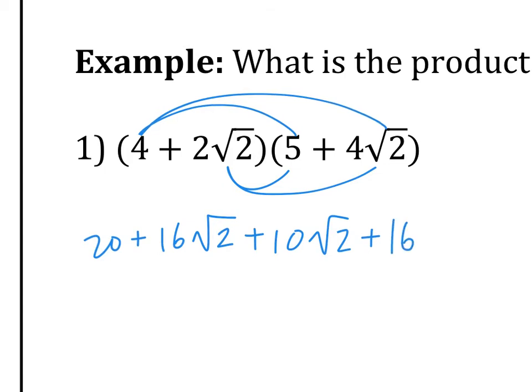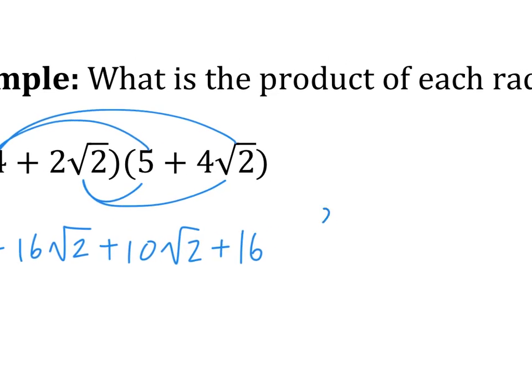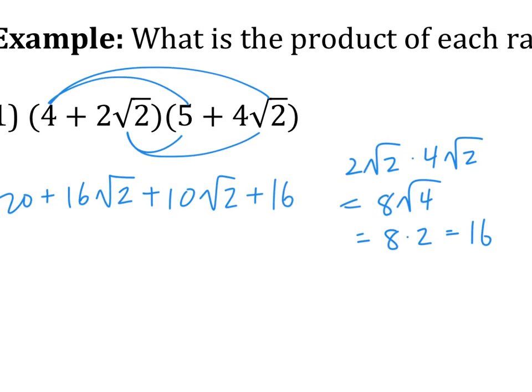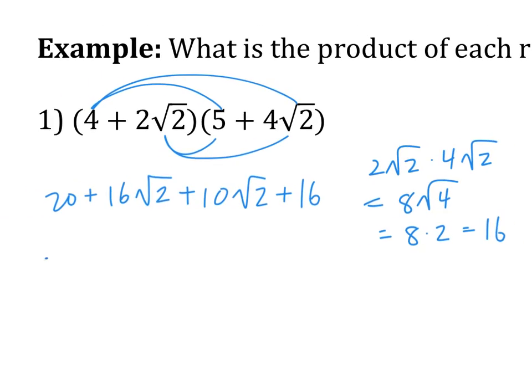If you don't know how to do that in your head really quickly, you can always do that on the side. Eventually, you want to be able to do that in your head, so it'll be quicker. All right, next, you want to combine like terms. So 20 plus 16 is 36, and then 26 rad 2.